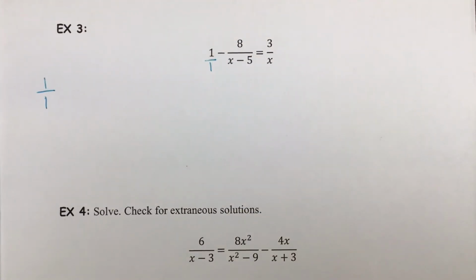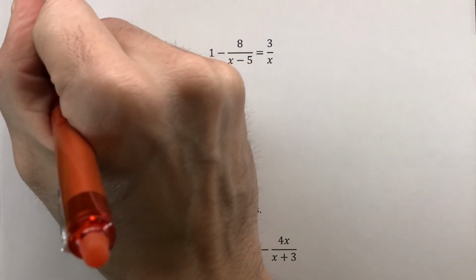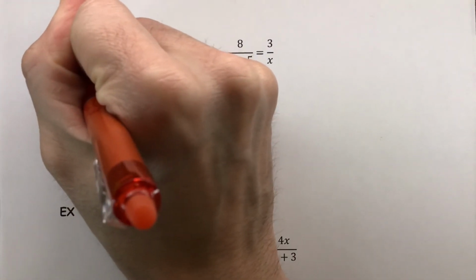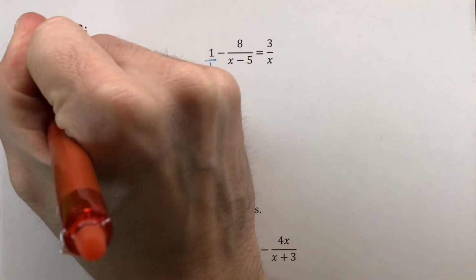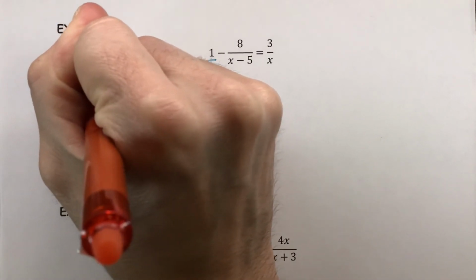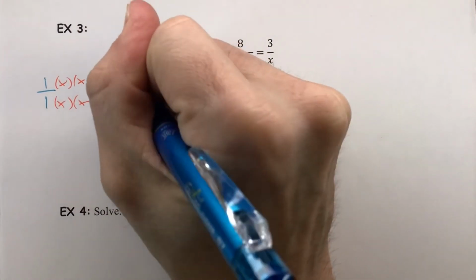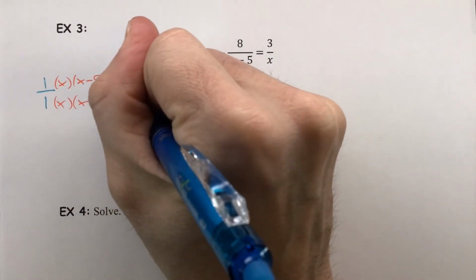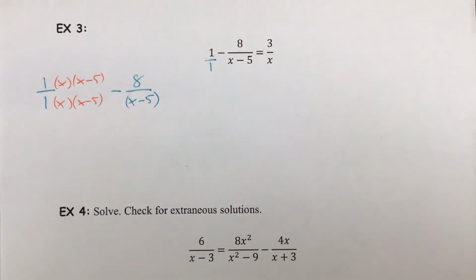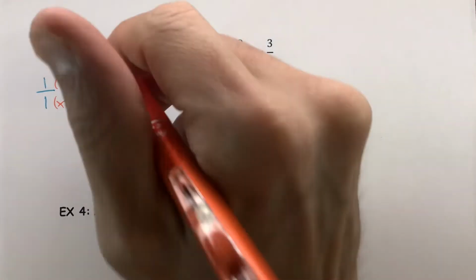It's going to need to receive top and bottom an x and an x minus 5. The second fraction, we've already got the x minus 5, so that just needs to get an x.